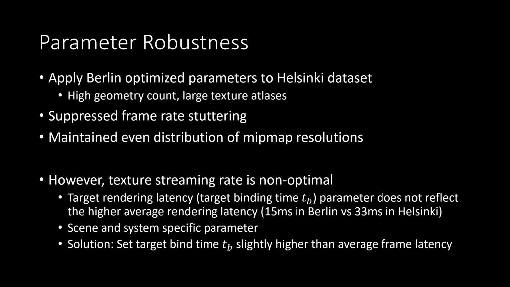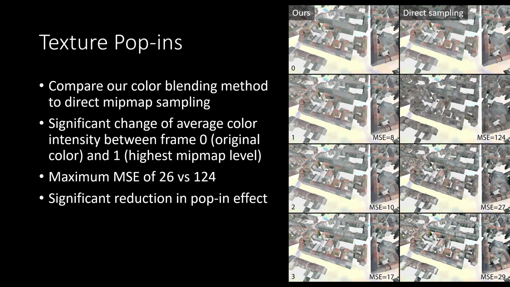However, the texture streaming rate is non-optimal as the target rendering latency parameter does not reflect the higher average rendering latency for the Helsinki dataset. This parameter is scene and computer system specific. To solve this, we can simply set the target bind time value slightly higher than the average rendering latency.